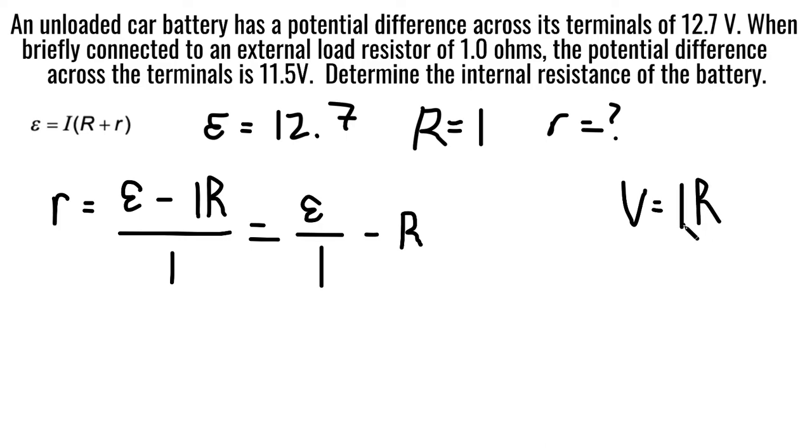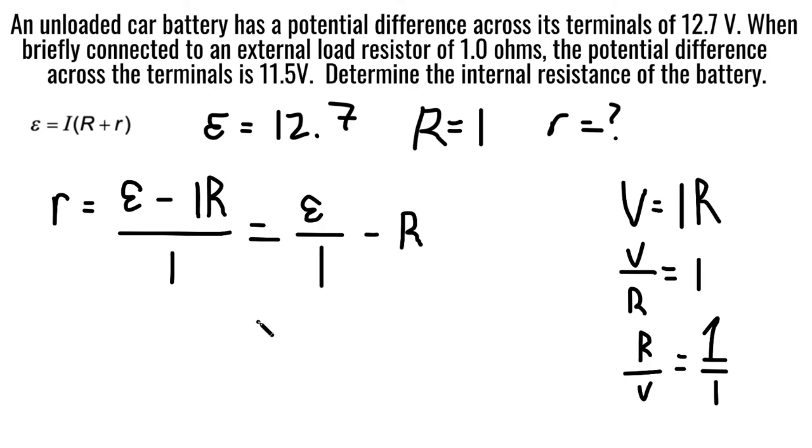So we know that I is equal to V over R. So we know that R over V is equal to 1 over I. So we can actually replace this I with R over V, R being the resistance of the external load resistor, and V being the voltage that goes through this external load resistor.